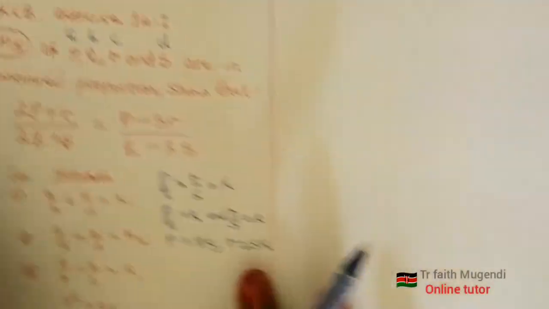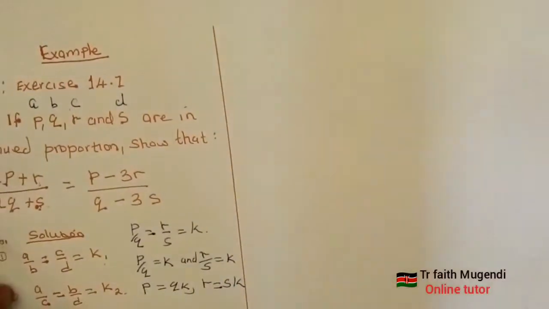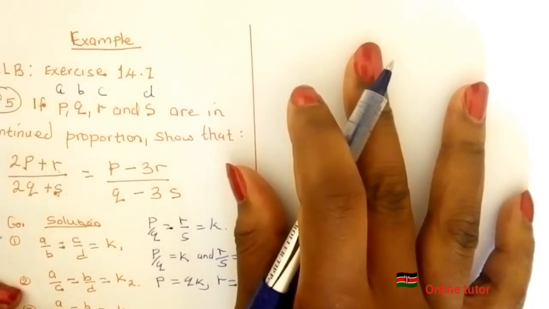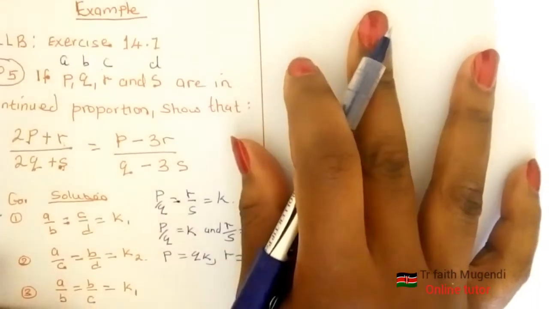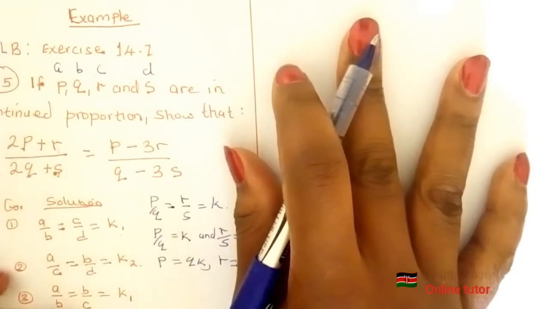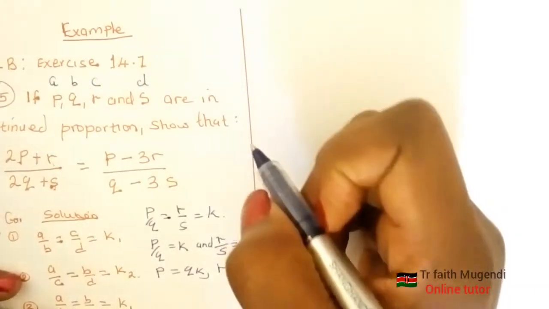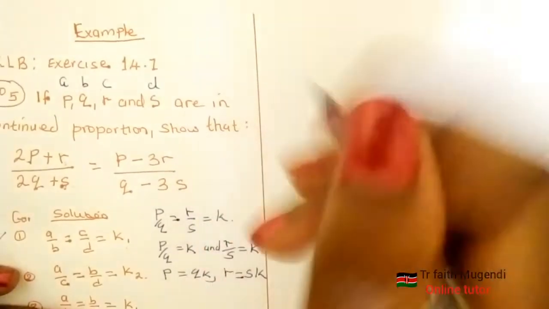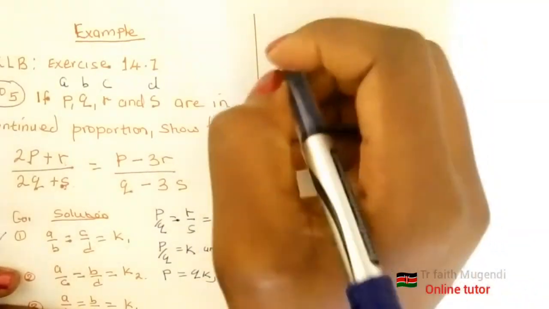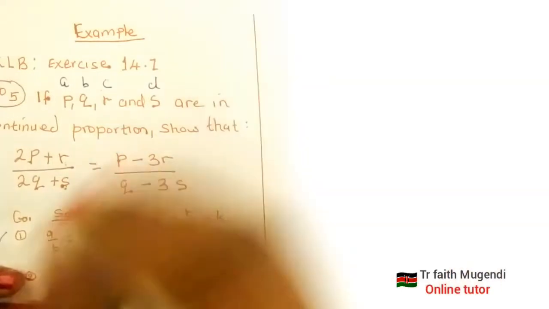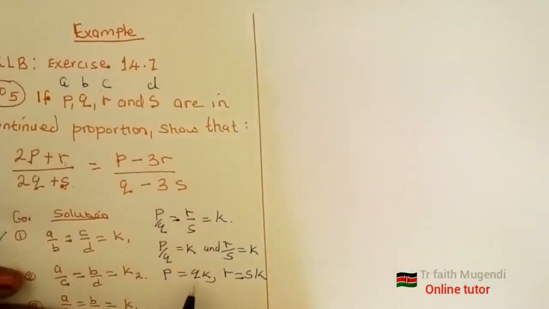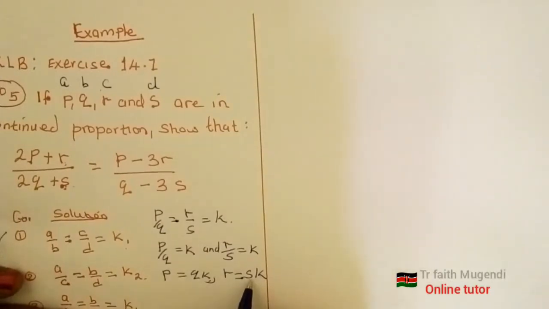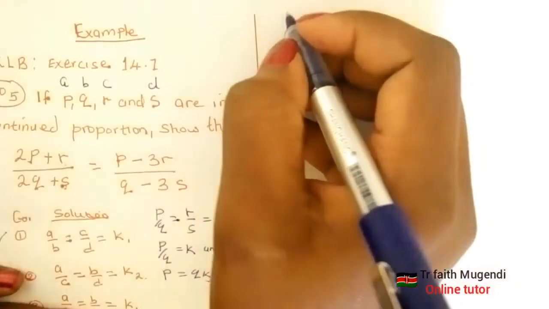Now, having done that, let's proceed with the first step. The first method mark, you acquire it by substituting. When you make the correct substitution, instead of P, we write QK. Where we have R, we substitute with SK. Okay?